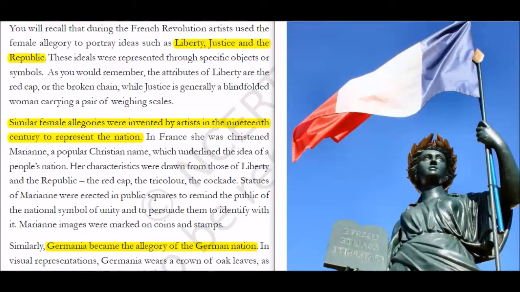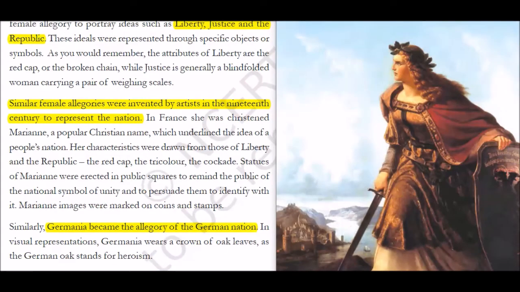In France, she was named Marianne, a popular Christian name. In Germany, Germania became the allegory of the German nation. In visual representations, Germania wears a crown of oak leaves as the German oak stands for heroism.